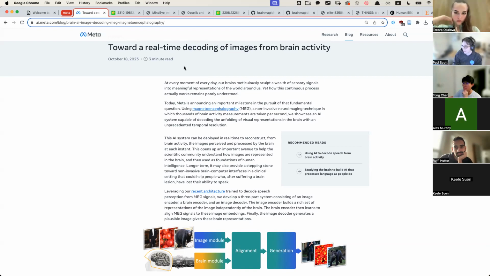But with MEG, you're literally taking the magnetic fields produced by the electric signaling of the neurons, a very weak magnetic field that's detectable by the channels around the brain. So you've got this trade-off.